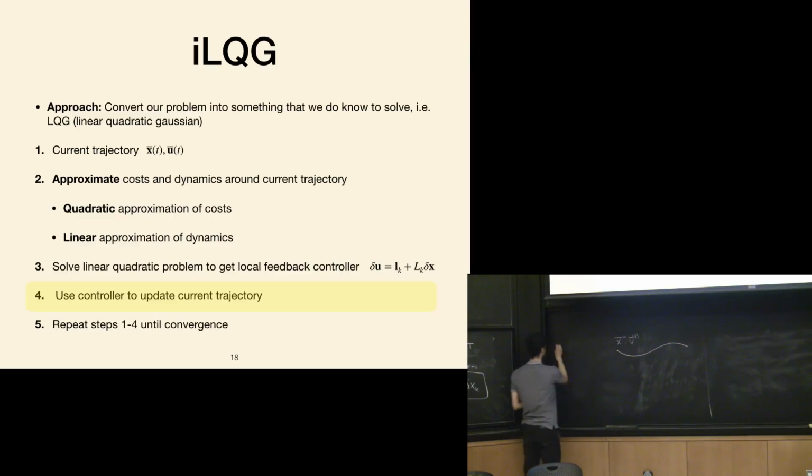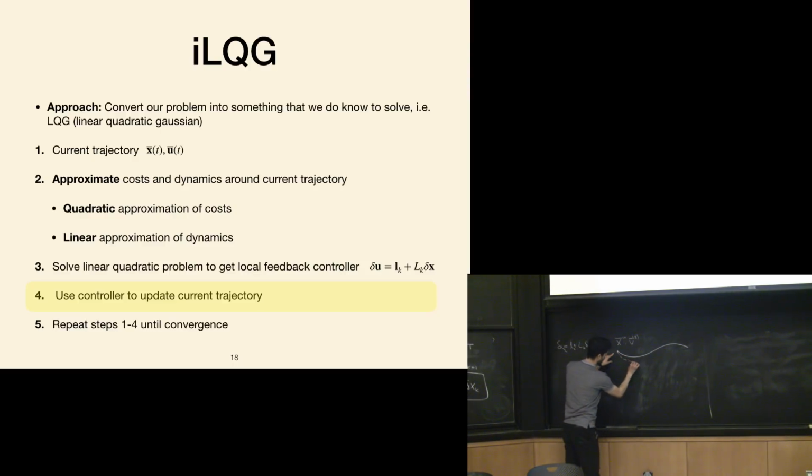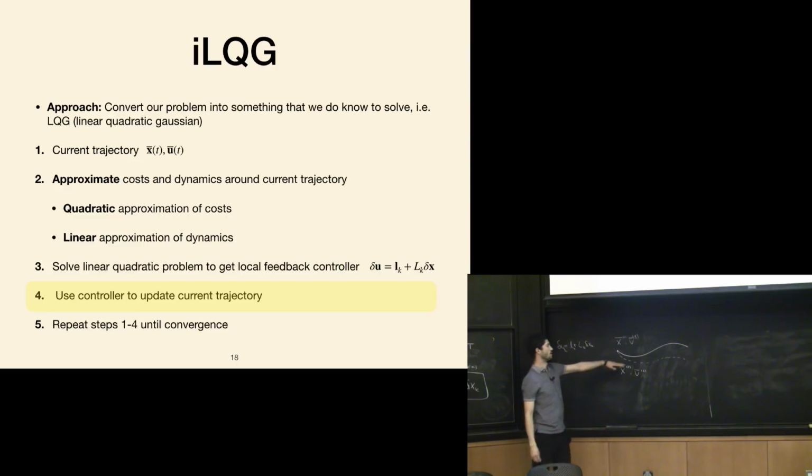We have a controller now, which is of this form. So now we're not going to be doing u_0 anymore. We're going to be doing u_0 plus delta u_1. If we keep running our controller, that's going to give us a different trajectory. Let's call that x bar 1, u bar 1. Does everyone understand how we got from this solid line to this dashed line?